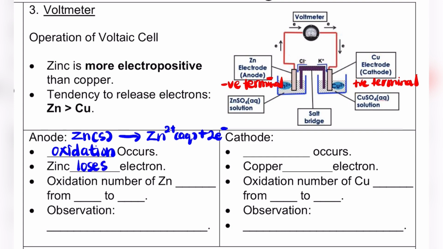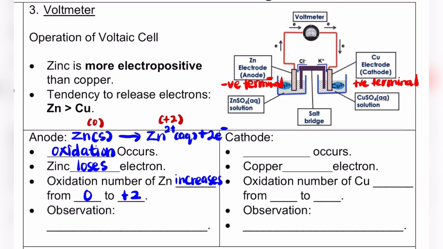And then what about the oxidation number of zinc? You can see that starting from 0 oxidation number for Zn solid, it will be positive 2 for the zinc ion. So oxidation number increases from 0 to positive 2. So how about the observation that happens here?